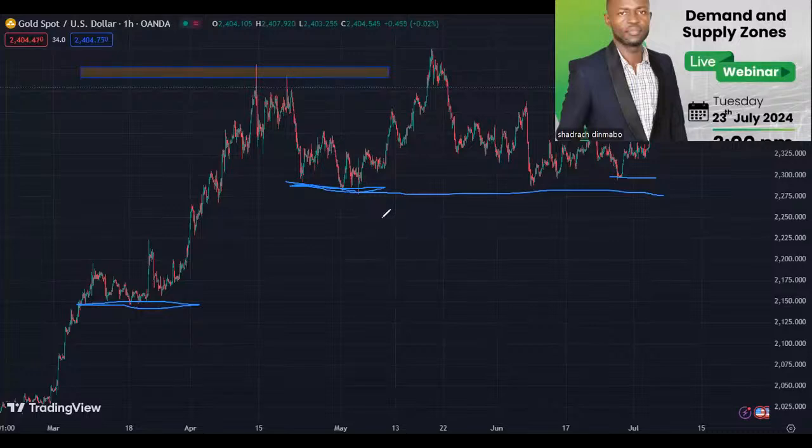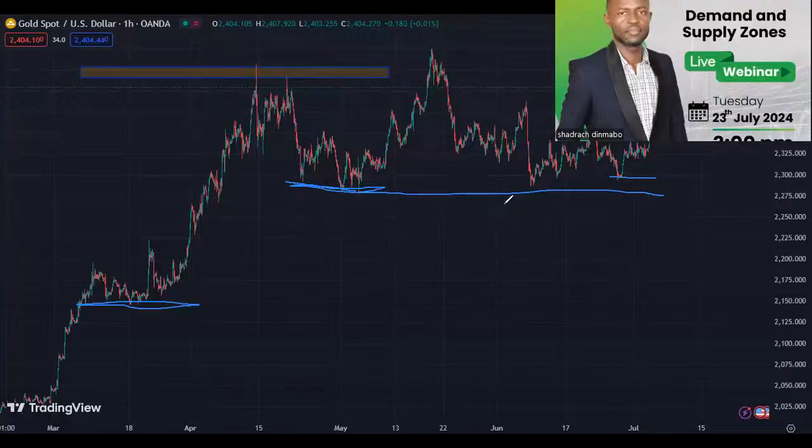So we now want to check how we identify if that zone is a valid demand zone, if that zone is not invalidated. That is what we want to look at.